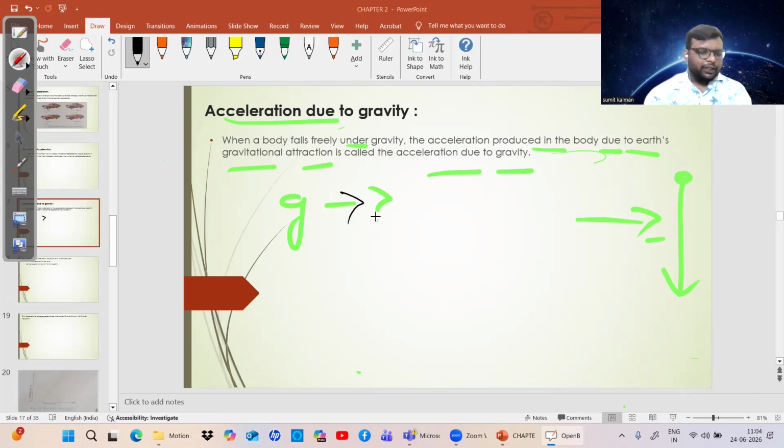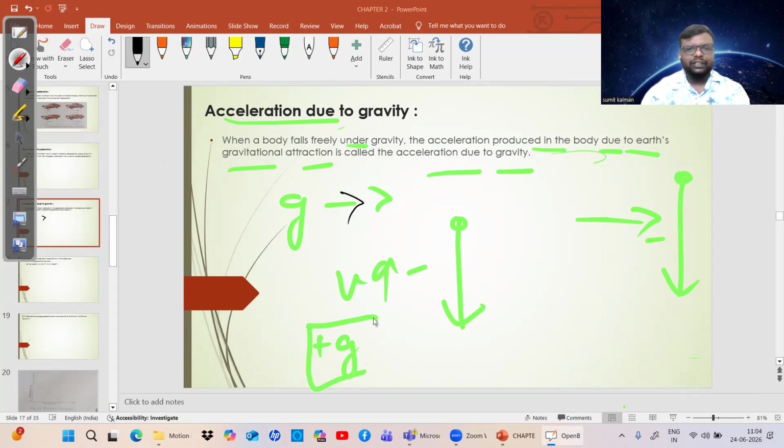Now, students, when a body is falling down, its velocity will increase with time. So in this case, we will take our acceleration due to gravity as positive g, or plus g. Now suppose the body is moving vertically upward.